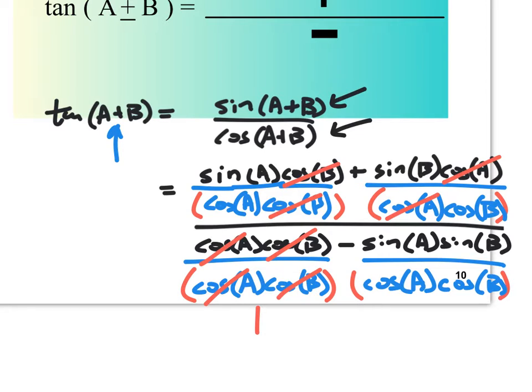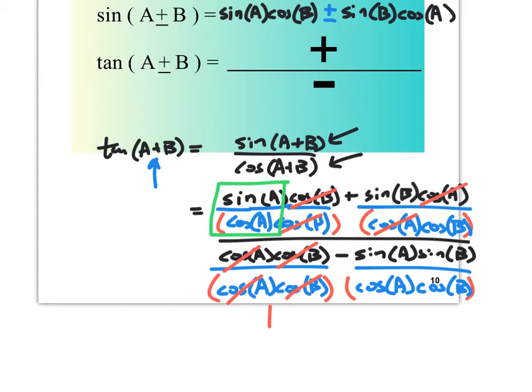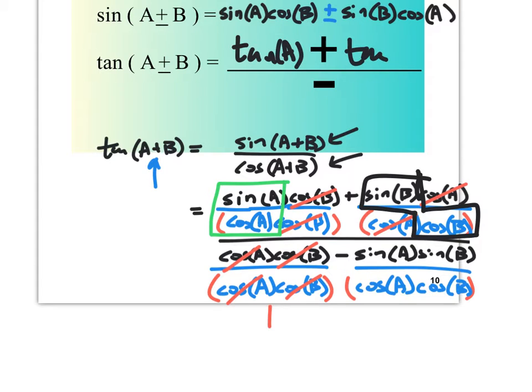Now notice this. This reduces to what? That reduces to tan A, plus, what does this turn into? Tan B. What is the bottom left?